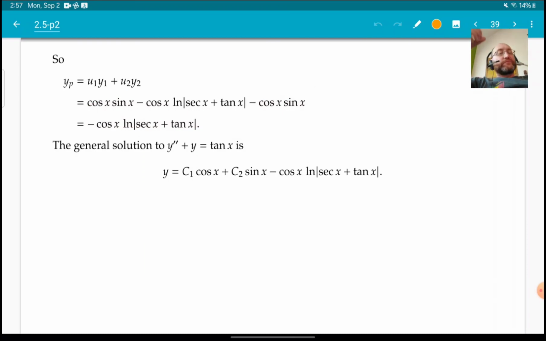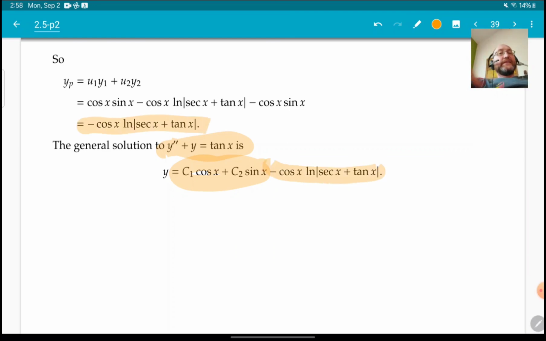All right. So that means that the general solution to Ly equals tangent of x, so y double prime plus y equals tangent of x, is, well, you put in the solution to the associated homogeneous equation, the complementary solution, and then you add the particular solution, which is this, right?